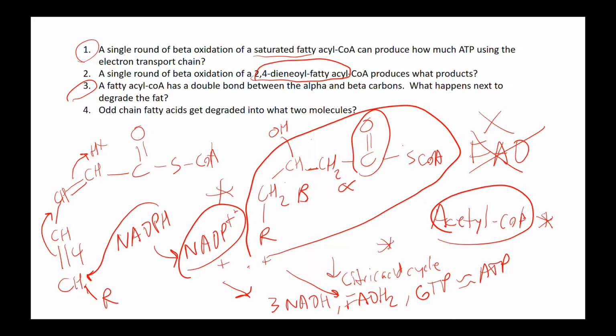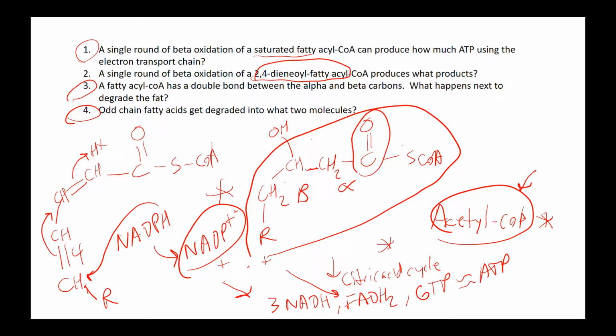All right, number 4, odd chain fatty acids get degraded into what 2 molecules? Well, basically, odd chain fatty acids will normally get broken down in the exact same way as an even number fatty acid, producing acetyl-CoA. So we'll produce a lot of acetyl-CoA even with our odd chain fatty acids.